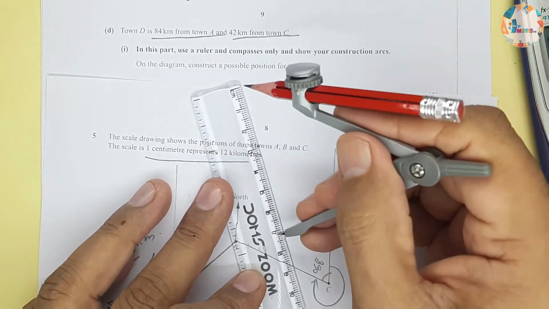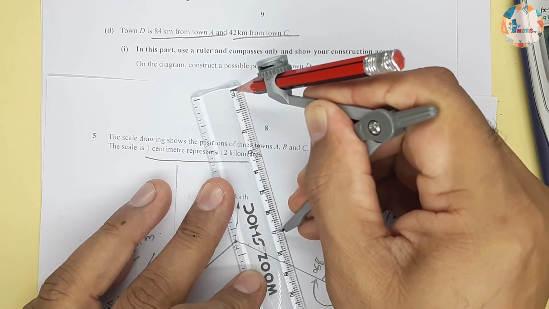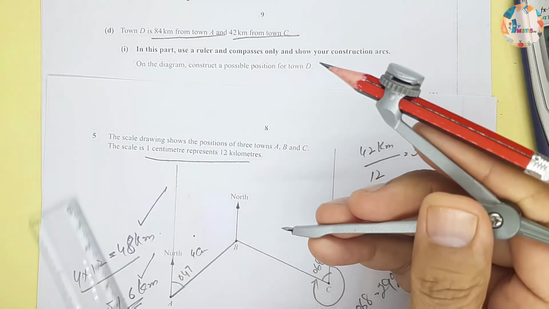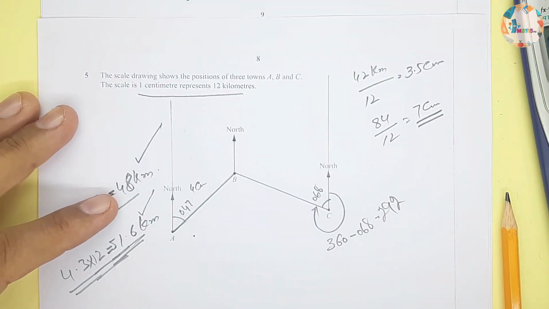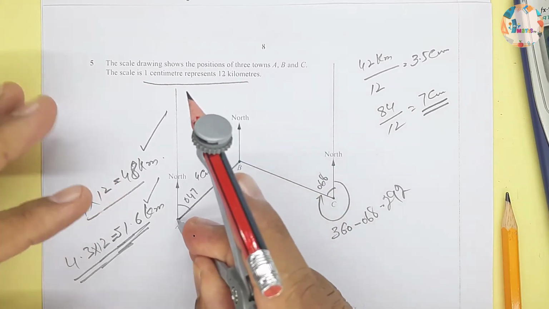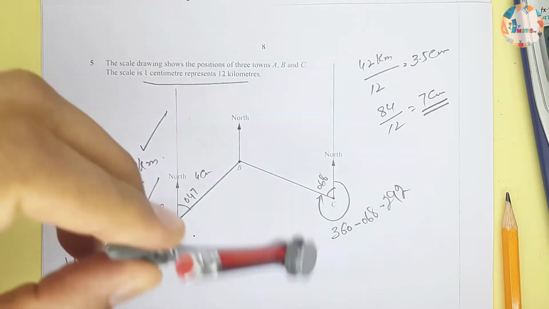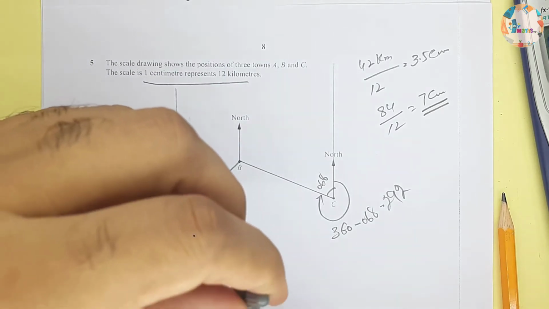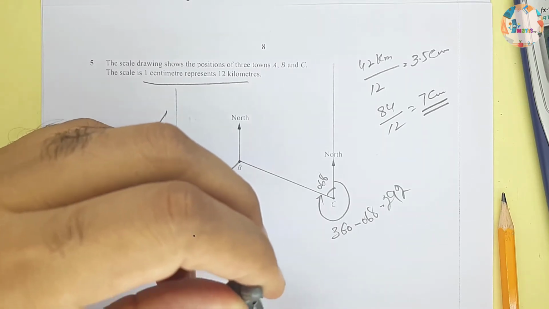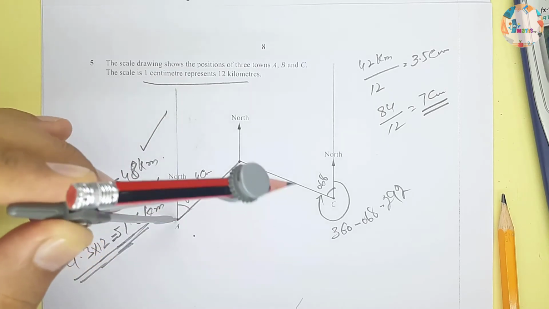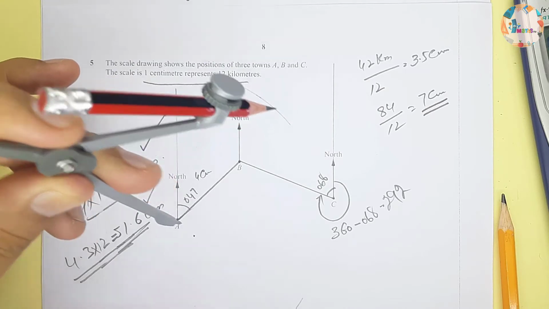So if you check, this is exactly 7 centimeters from A. So 7 centimeters from A will be this area. The second arc, you can take an arc on this side as well to be on the safer side.